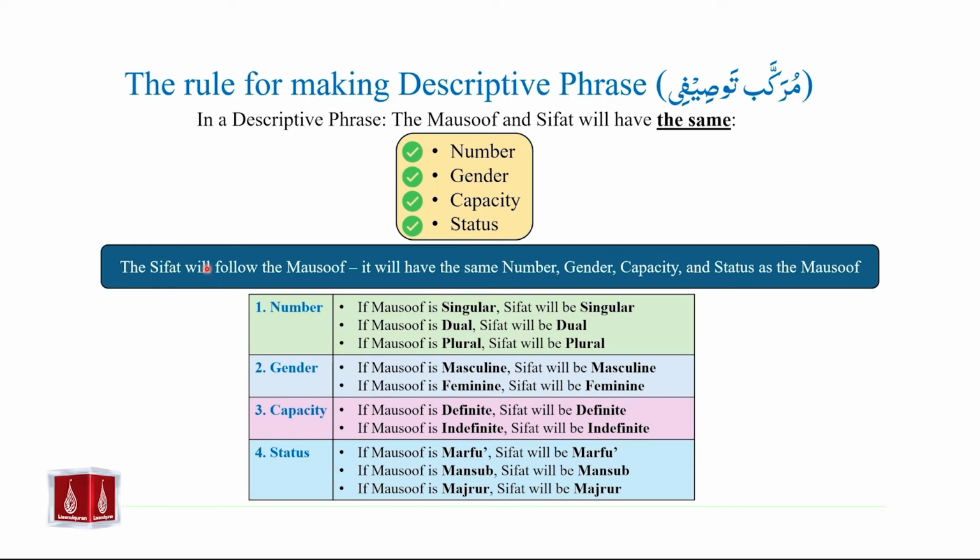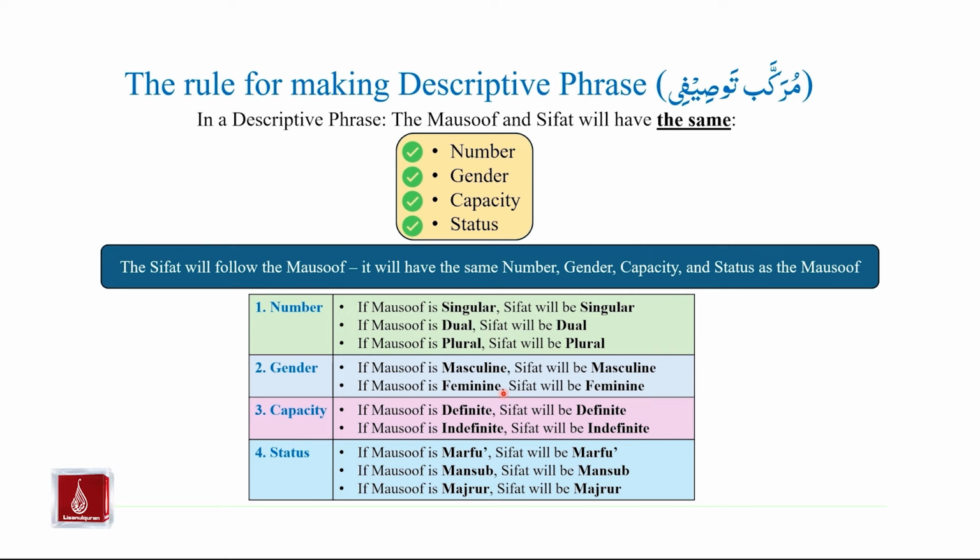For example, in regards to number, if Mosuf is singular, the Sifat will be singular. If Mosuf is dual, the Sifat will be dual. If Mosuf is plural, the Sifat will be plural. In regards to gender, if Mosuf is masculine, Sifat will be masculine.